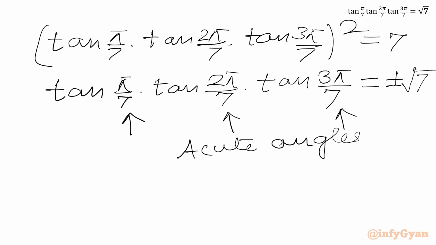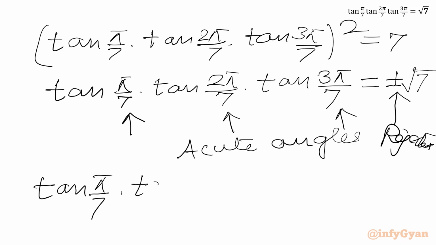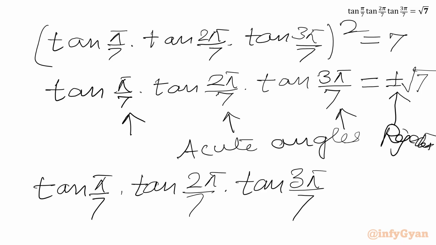So tan theta would be positive. We reject this minus sign, as we have all acute angles, so the angle lies in the interval 0 to 90, or in the first quadrant. So we can write our final answer: tan pi over 7 times tan 2 pi over 7 times tan 3 pi over 7 is equal to plus square root 7.